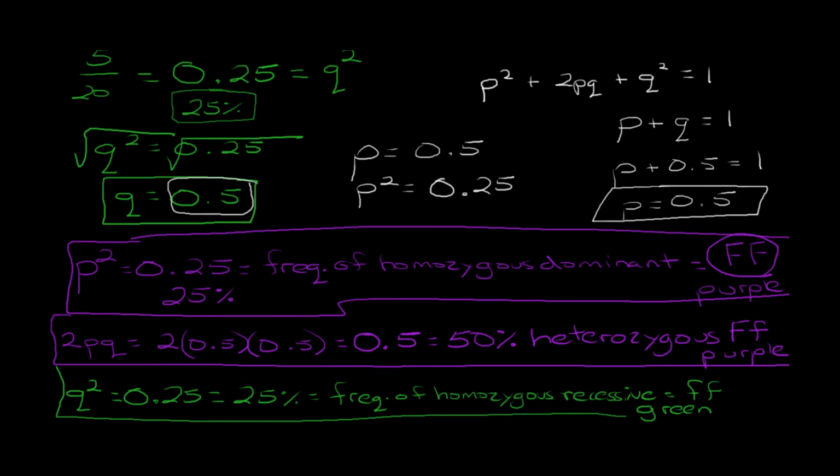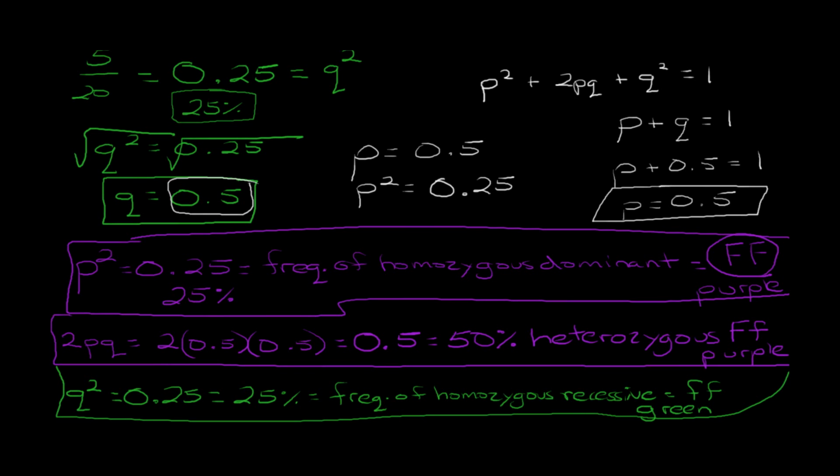So what did we just calculate? We figured out if you have a population of these birds, 25% of them are probably going to have green feathers, and 75% of them are going to have purple feathers, right? Because 50% plus 25% is 75.